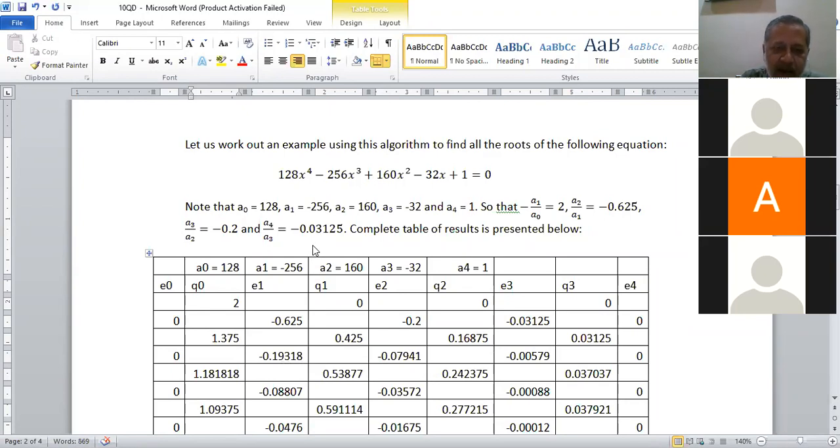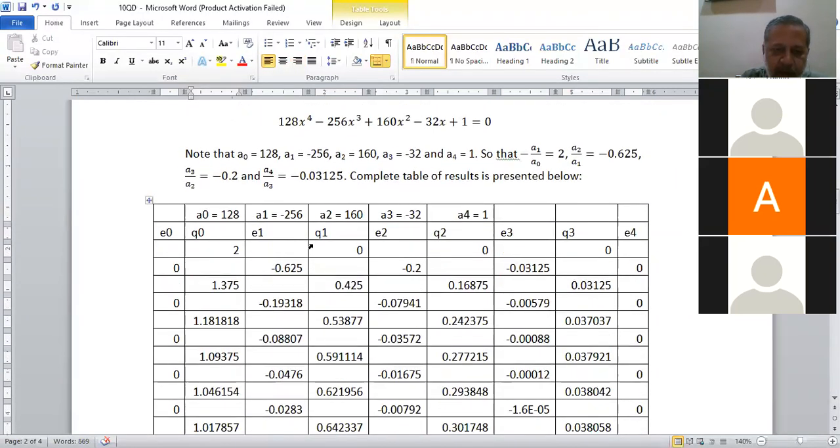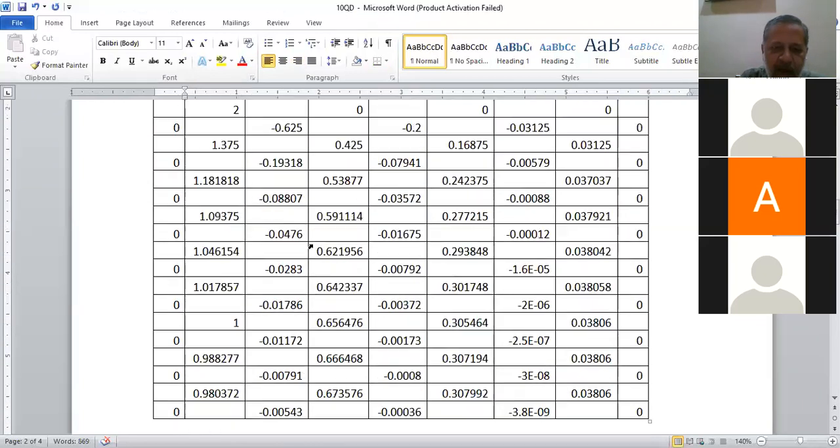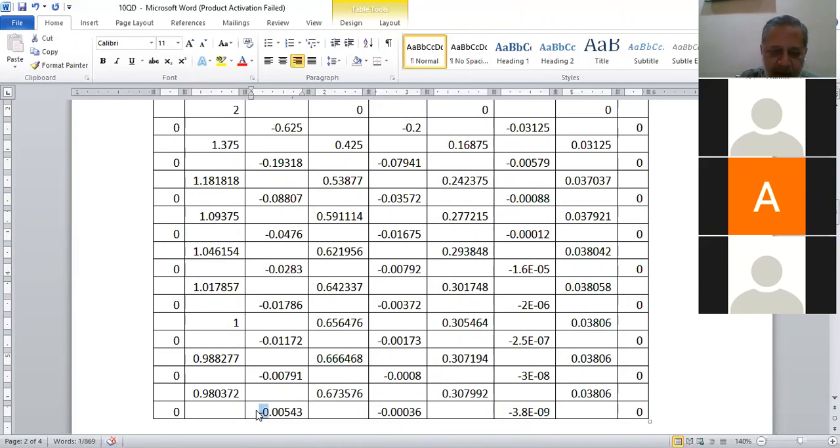Up to where will it keep going? This is a column of E. This is the column of E. This is a column of E. Now see that E values are coming very, very close to 0.